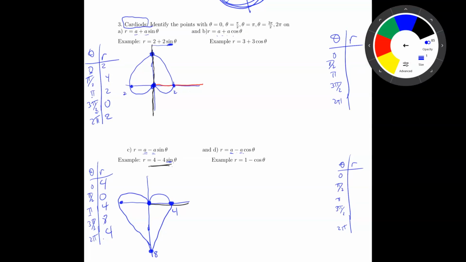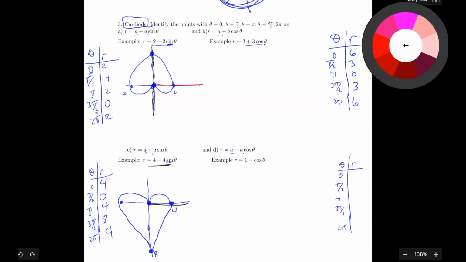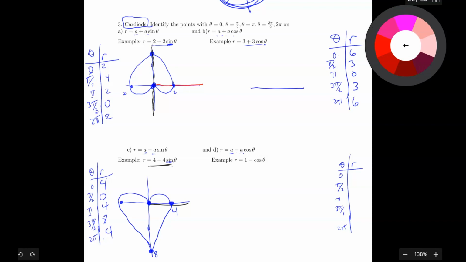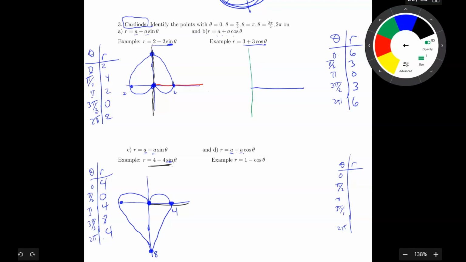Okay, so now let's go do this one. So cosine. Plugging in some points, at angle 0, I'll get 6, and then 3, and then at pi that will give me 0. And then this will give me 3, and then this will give me 6 again. Again, it's just the polar axis. Now let's superimpose my xy axis and get my graph.